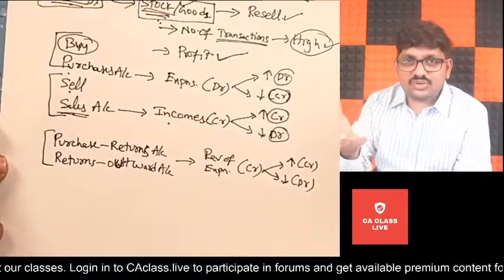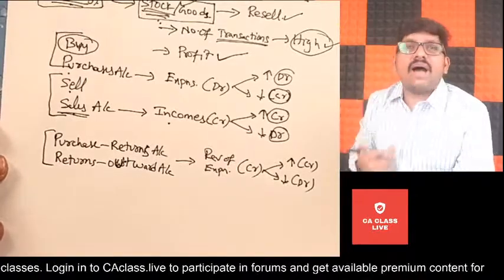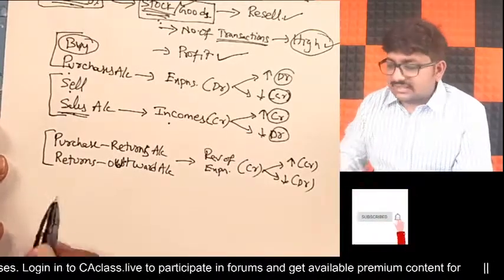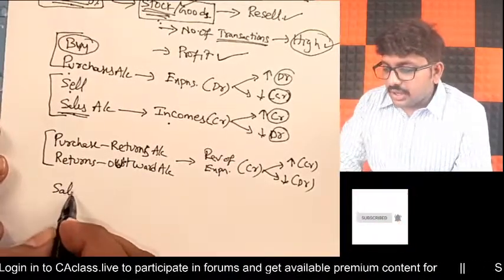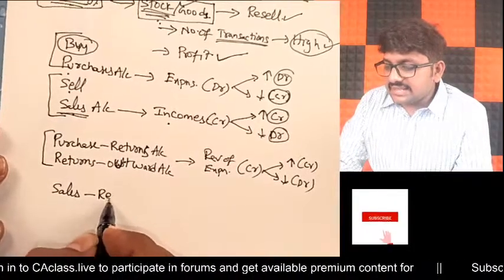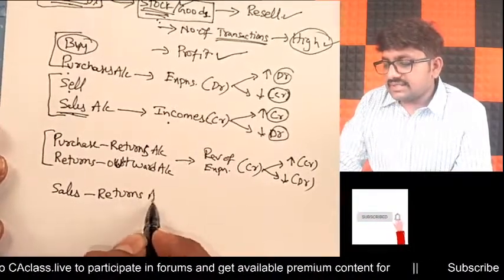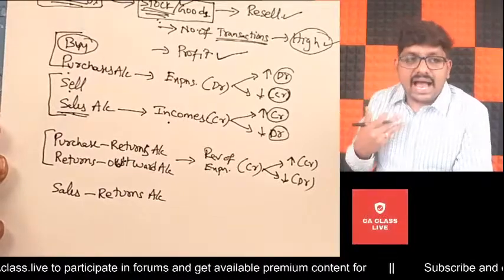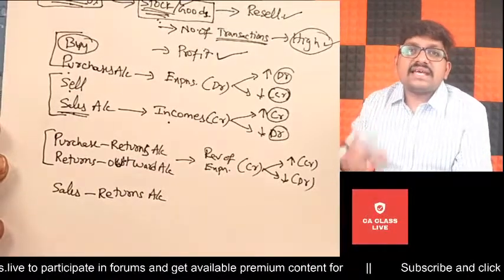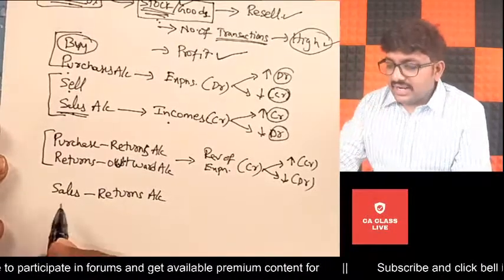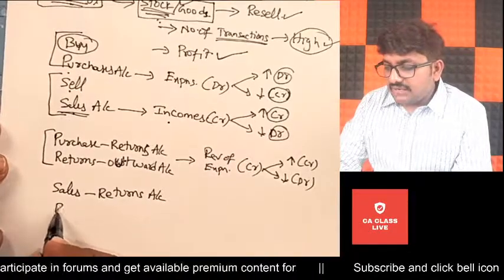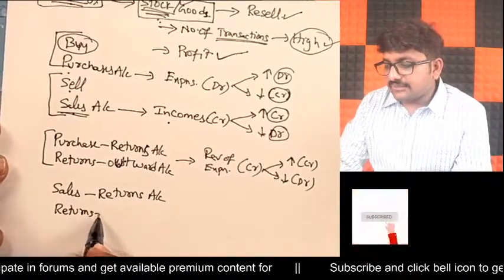Now they want to give them back, and if you are accepting those goods, you take it to an account called sales returns account. If they give back, we take it as sales returns. Some people even call it returns inward account.